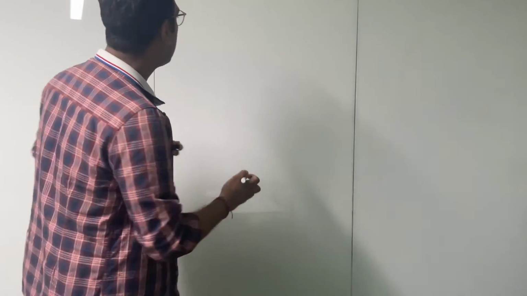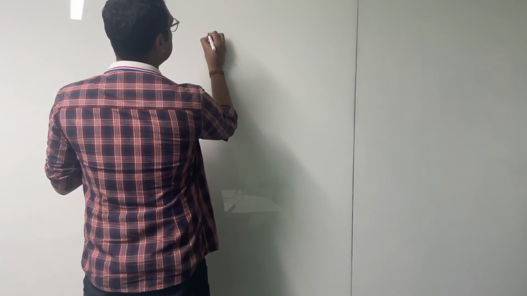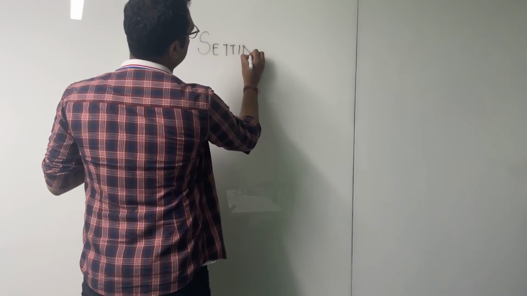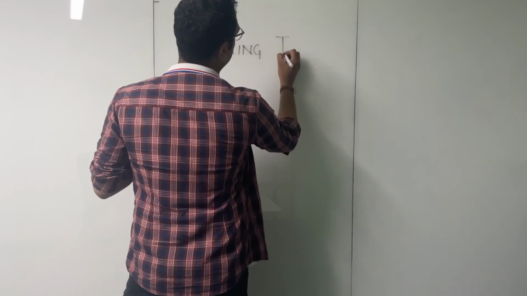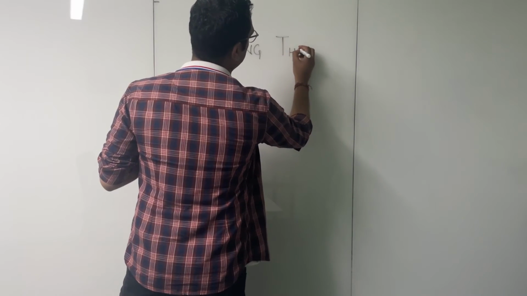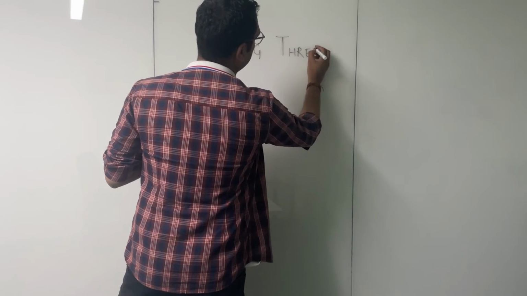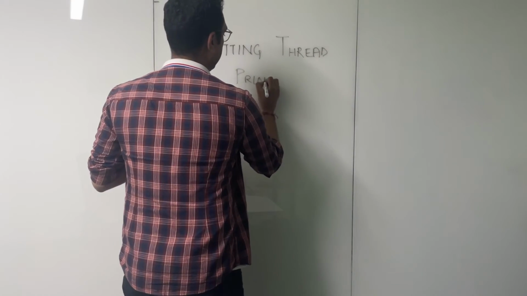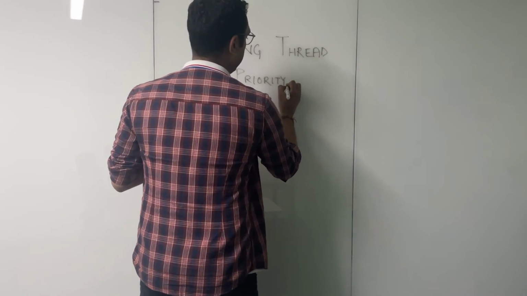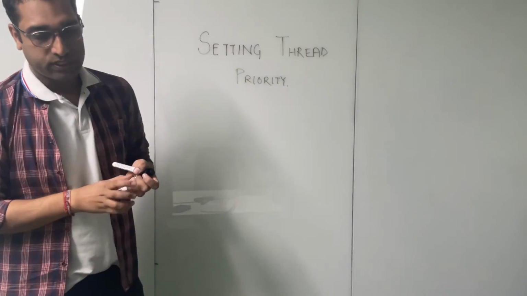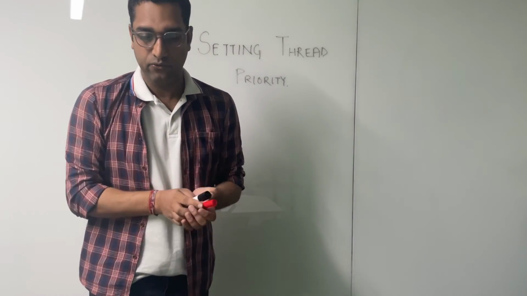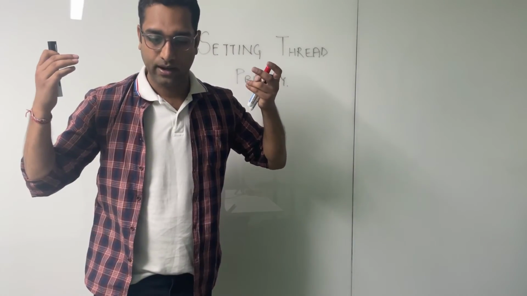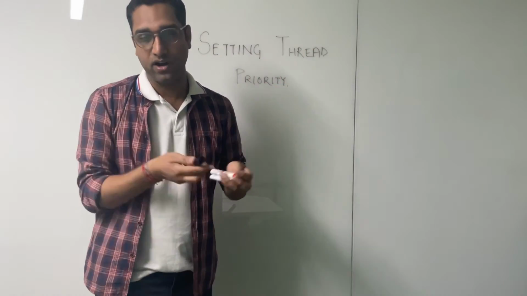Okay, so now the question comes, setting thread priority. To set the thread priority, I'll give you a 3-line code, and I believe you're smart enough to figure out how it's working.